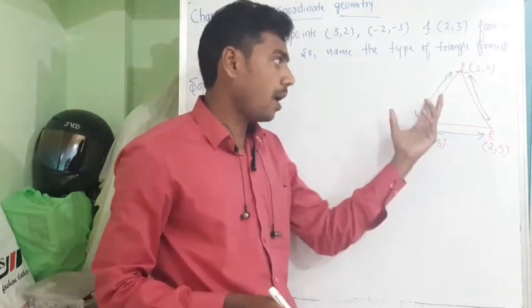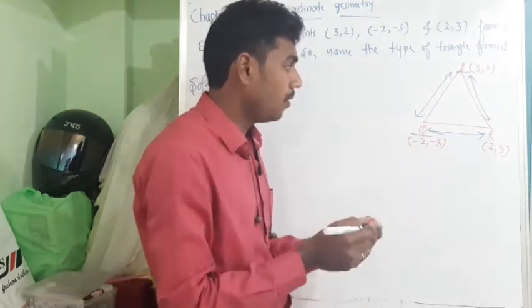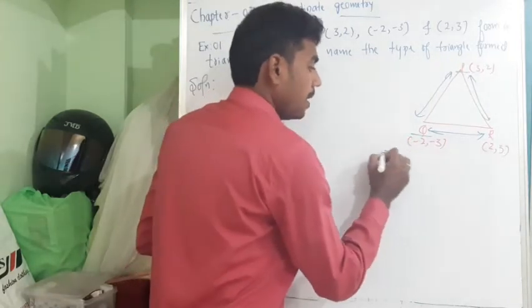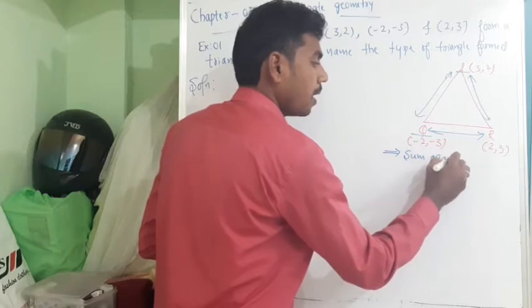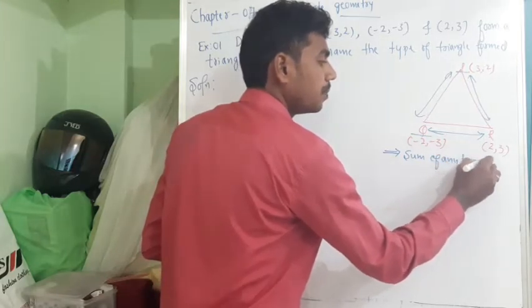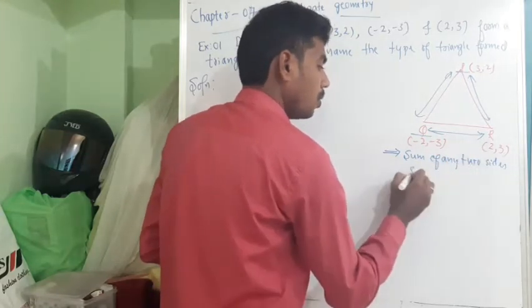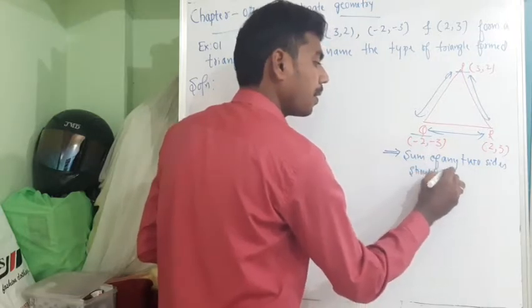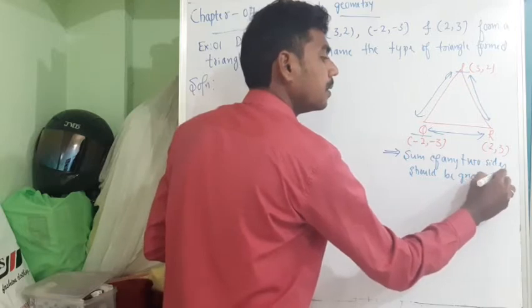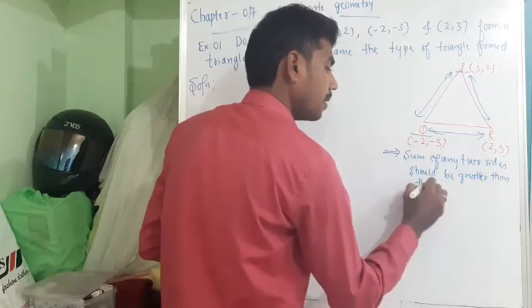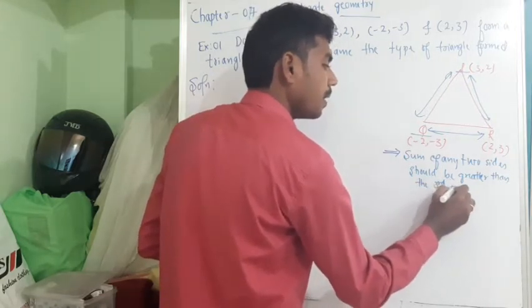We need to apply the basic rule. The basic rule is that the sum of any two sides should be greater than the third side.